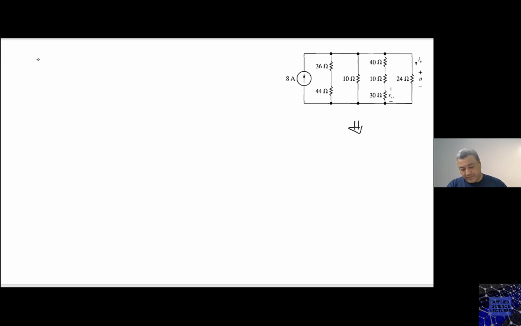I'll show you. So here I have one, two, three, and four branches with a current source here, 8 ampere.